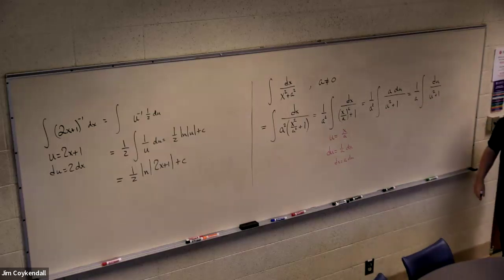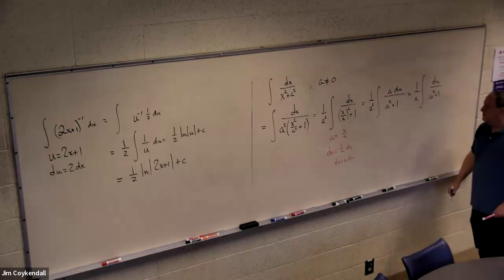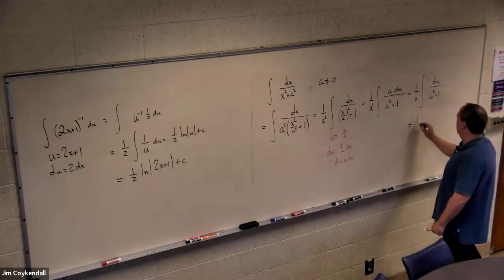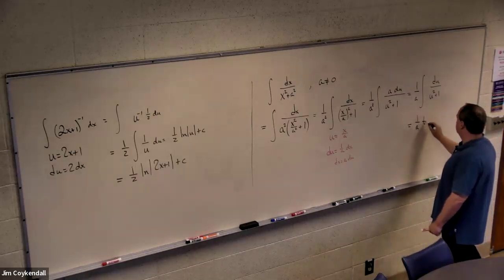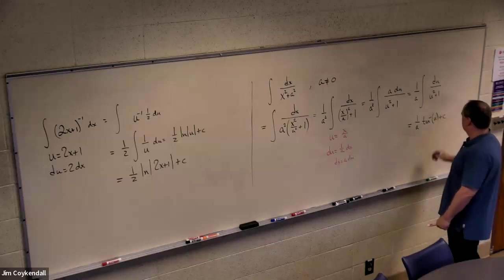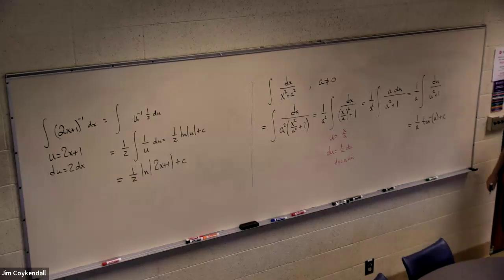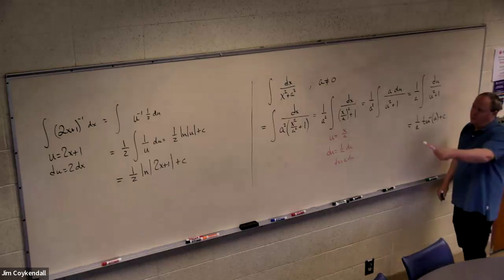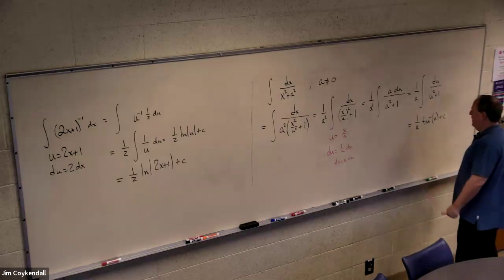And what's the antiderivative of 1 over u squared plus 1? This is one we know. But my original was in terms of x, so I want this in terms of x.